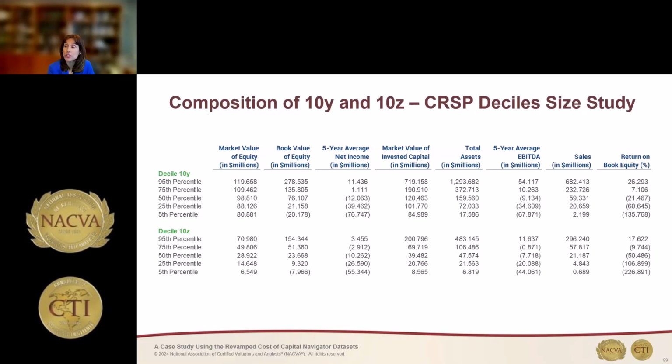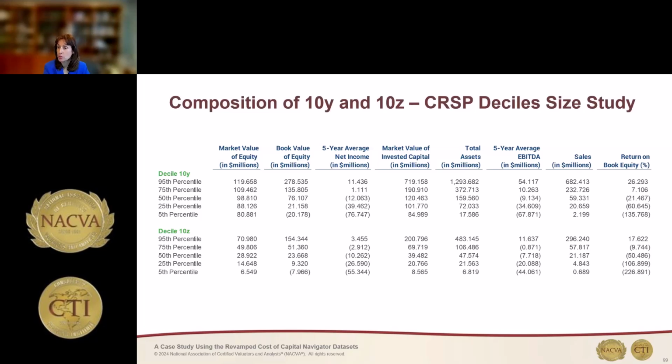Now, if you're just looking at a small, run-of-the-mill mature company, I would not go into this level of detail. I would not start using 10Y and 10Z just to make cost of equity look higher. You really want to know the characteristics of those companies and match them to your company.